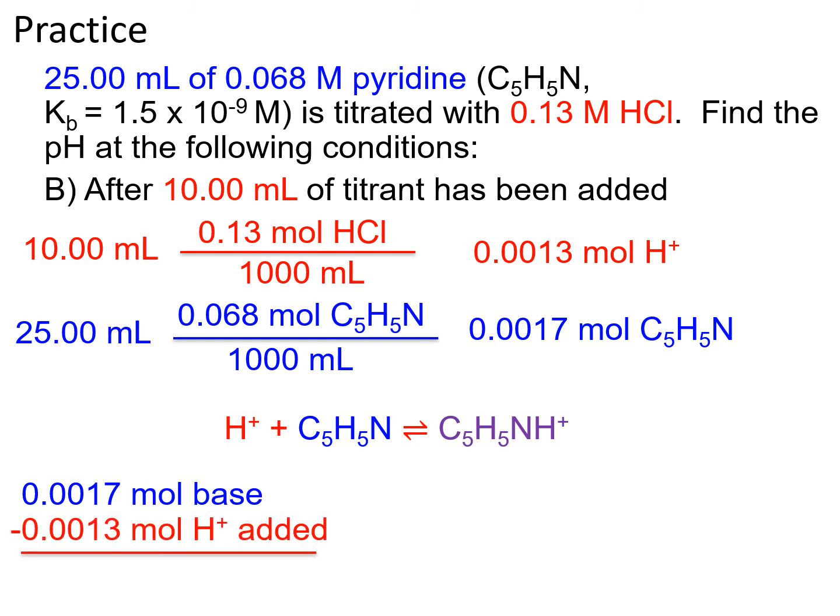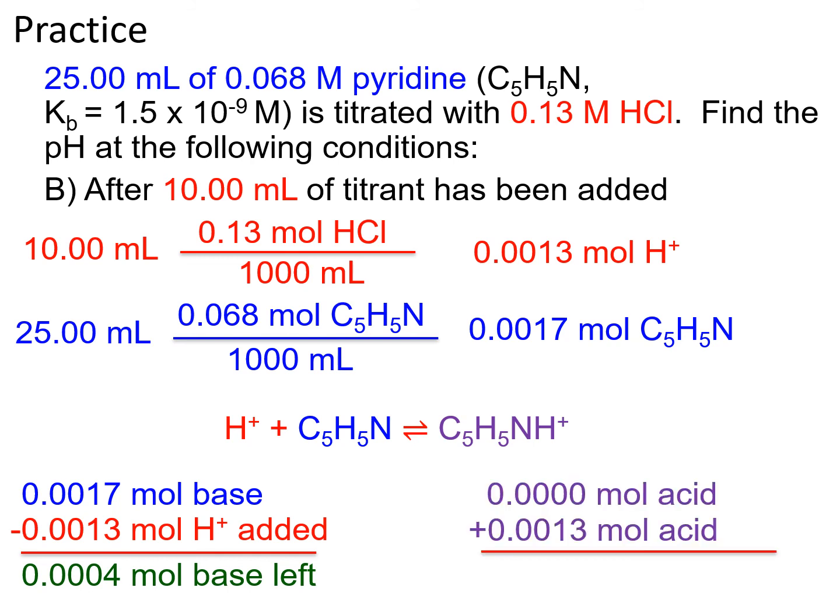I know that all of my H+ is going to react, giving me a small amount of my base left over. The exact same amount of my acid that was used is going to be how much conjugate acid I now have. I have a weak acid and a weak base, meaning I can use the Henderson-Hasselbalch equation.